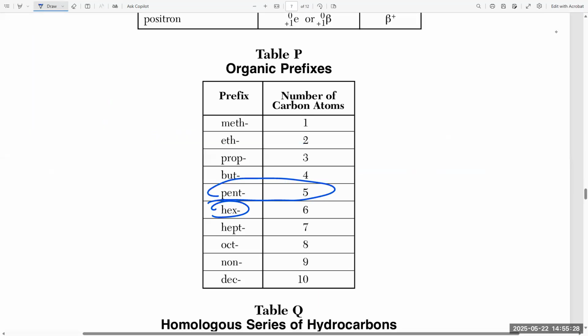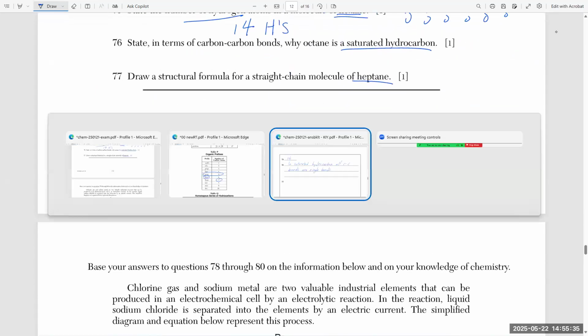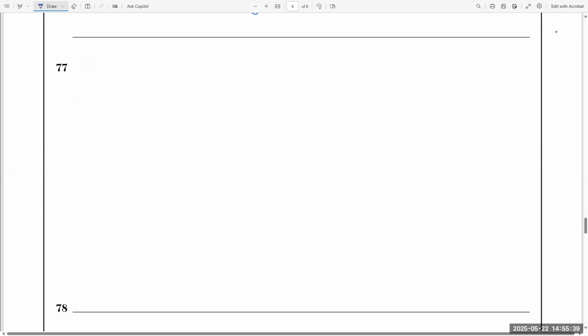Number 7, draw a structural formula for a straight chain molecule of heptane. Hept is what? It's 7. So you're going to draw 7 carbons. So let's go. You're going to go here. You're going to draw 1, 2, 3, 4, 5, 6, 7 is heptane, and it's a straight chain. So you're going to do this, okay? So carbons all have an octet. Do that.